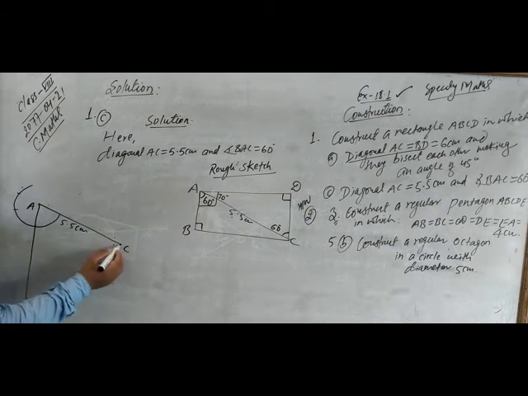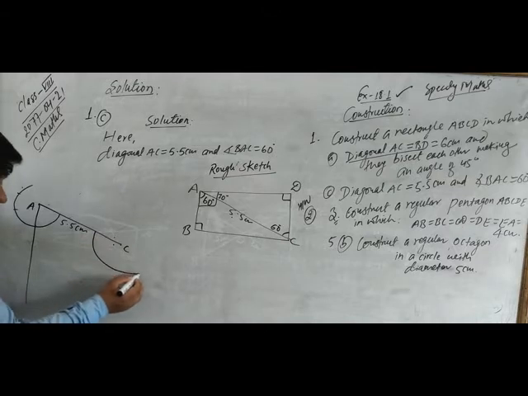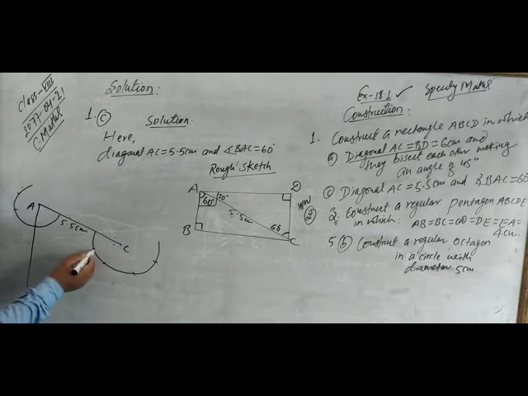Yes, draw here 30 degree in this way. So 60, and 30 is this 30 degree. Okay, then it will be D, and this angle must be 90.